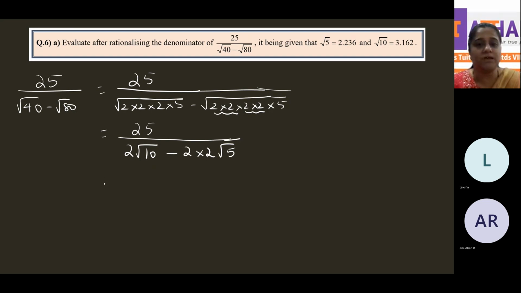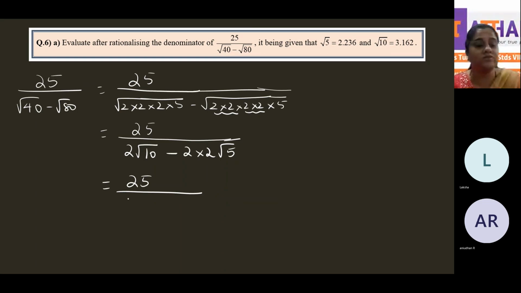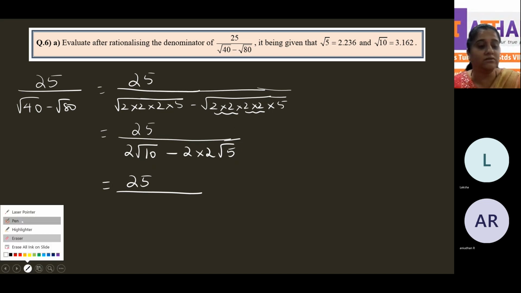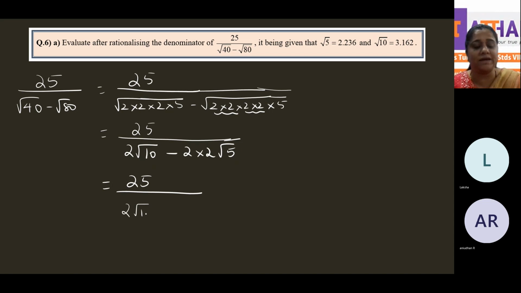Now in the next step, 25 divided by 2 root 10 minus 4 root 5. Let me multiply first. 2 root 10 minus 4 root 5.